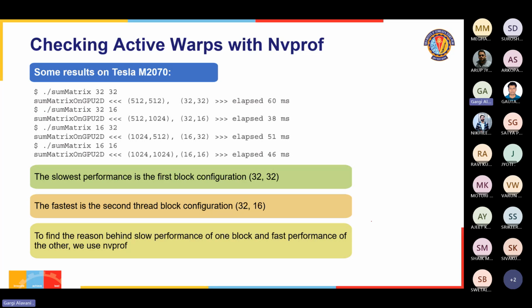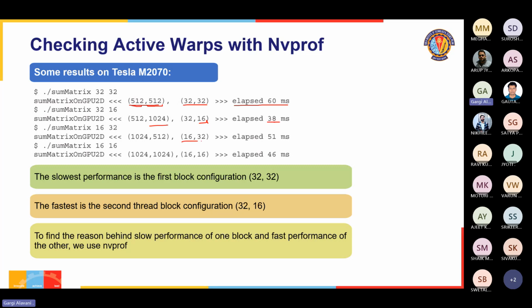Here you can see that the sum matrix, if you launch using 512 by 512 blocks with 32 by 32 threads, the time taken was 60 milliseconds. If you decrease the number of threads and increase the number of blocks, the time became 38 milliseconds.